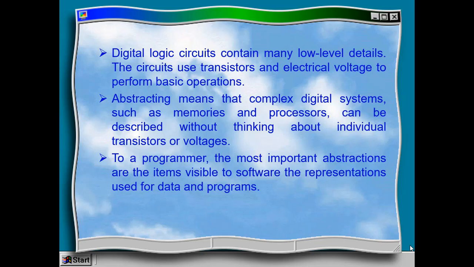More important, abstraction means that a design can be used in a battery-operated device such as a smartphone, which uses low voltage to reduce power consumption. So to a programmer, the most important abstractions are the items visible to the software: the representation used for data and programs.